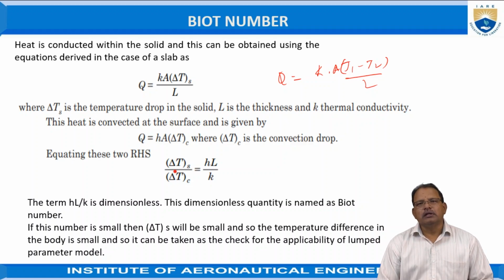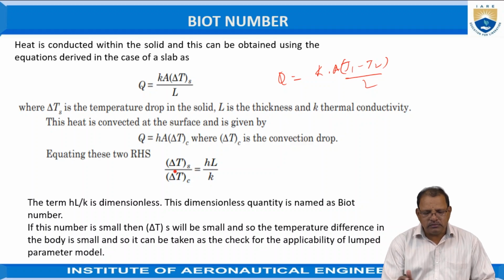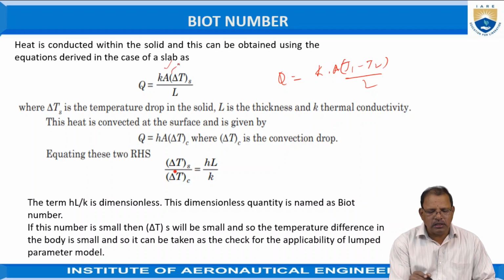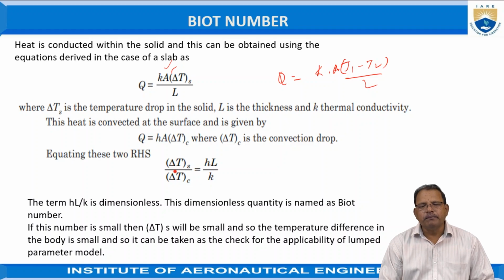Generally it is called length. Sometimes it is also called the thickness of the wall, if it is a wall or any partition. So this equation can be represented as Q = kA ΔT_s / L, where ΔT_s is the temperature drop within the solid, that is T1 - T2, and L is the thickness, and k is the thermal conductivity.